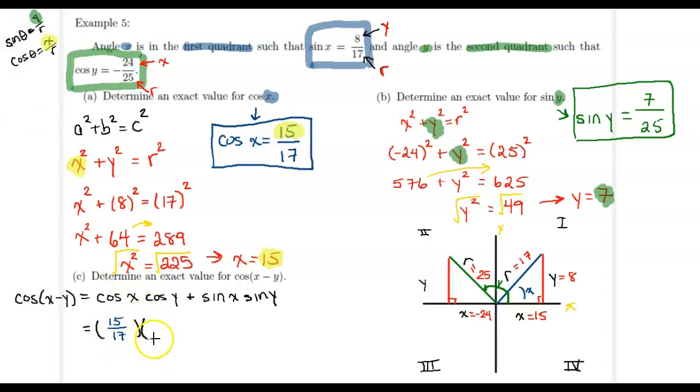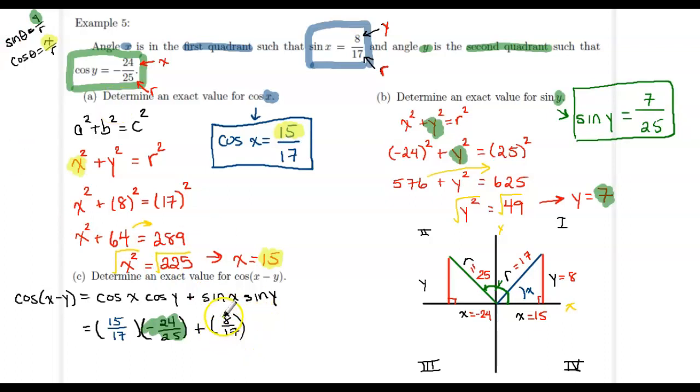Well, cos of y, they gave us right away, right? It was negative 24 over 25. So that came right from the beginning, that highlighted green bit. Plus sine x, which they gave us as 8 over 17.